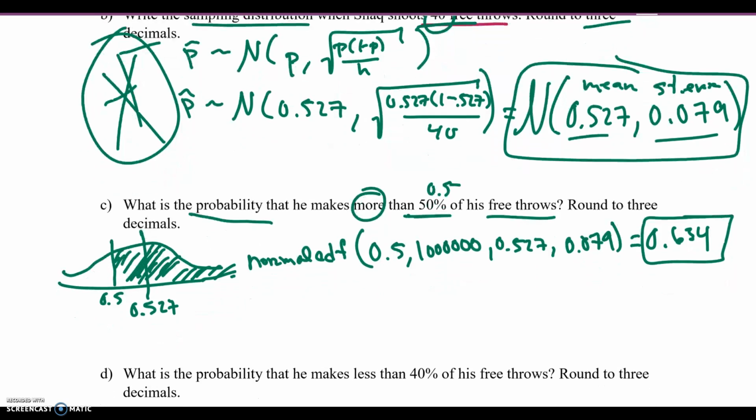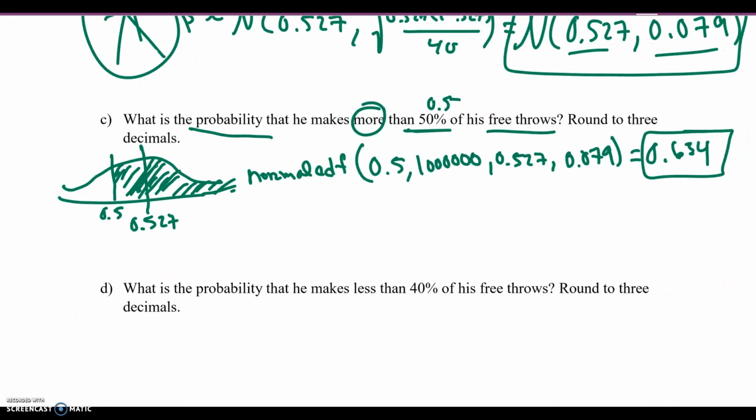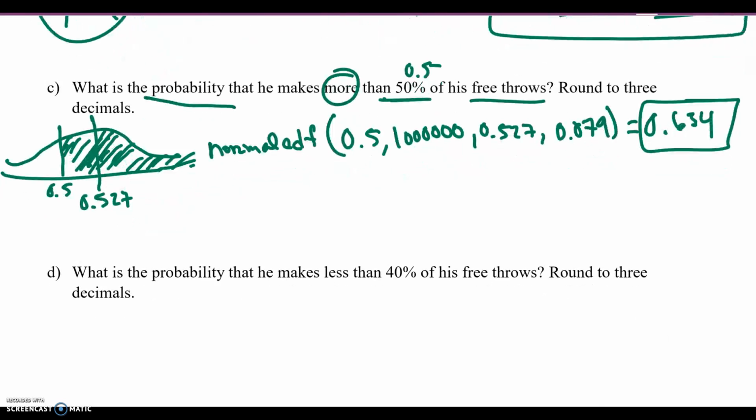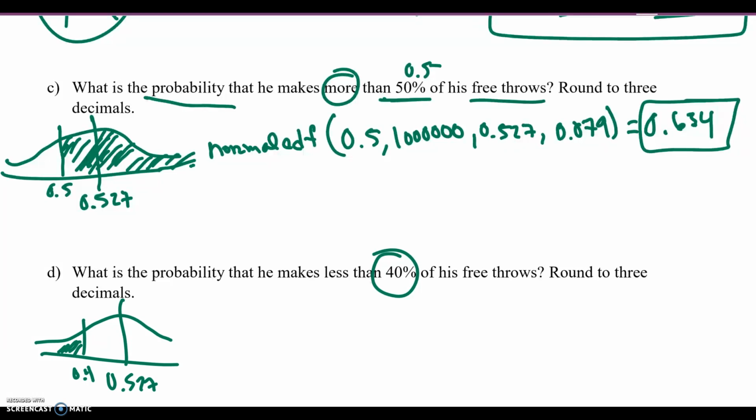Now part D is saying, what is the probability that he makes less than 40% of his free throws? So we're still using the same distribution. This is going to be 0.527, and less than 40% is just going to be 0.4, down here.